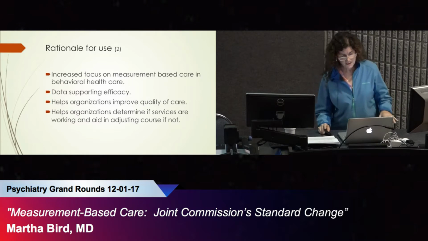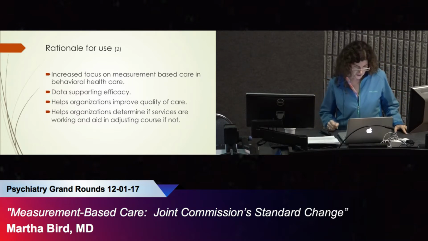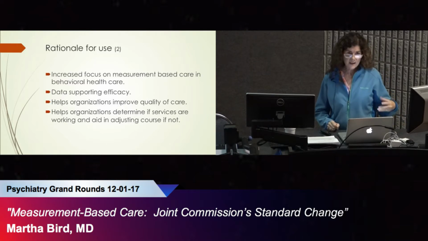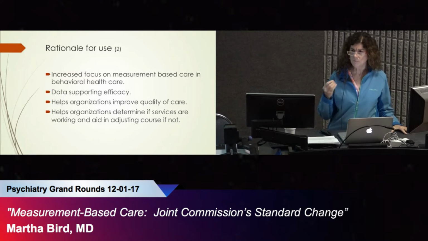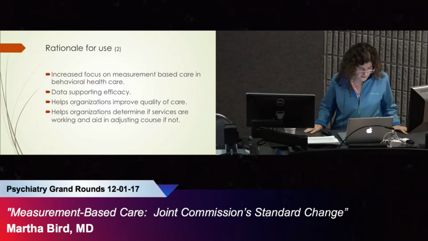The rationale. The reason that measurement-based care started to be addressed by Joint Commission was there was more and more data that supported the efficacy of using measurement-based care to improve clinical outcomes.